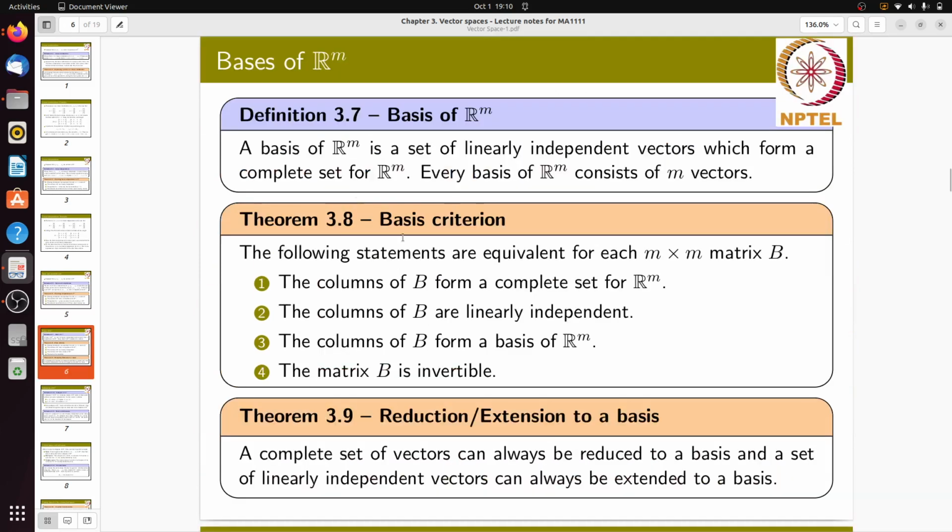Now there is the basis of Rm. A basis of Rm is a set of linearly independent vectors that forms a complete set for Rm. That means a basis is the smallest generating set that is linearly independent, and every basis of Rm contains m vectors.